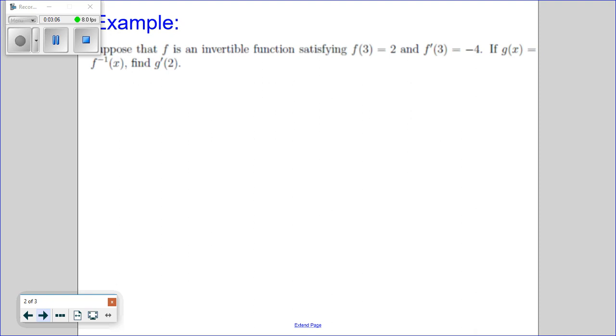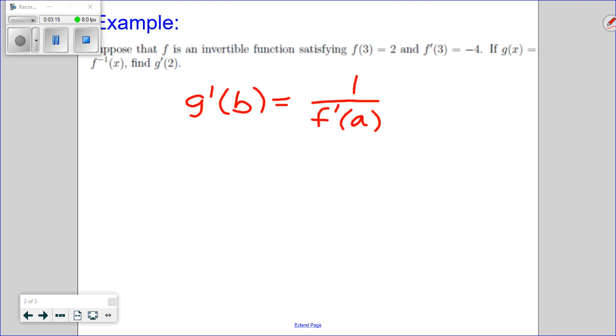Okay, so start with your rule. g prime of b is going to equal 1 over f prime of a. Now remember, in this notation, f of a equals b. f of 3 equals 2, so a is 3 and b is 2.